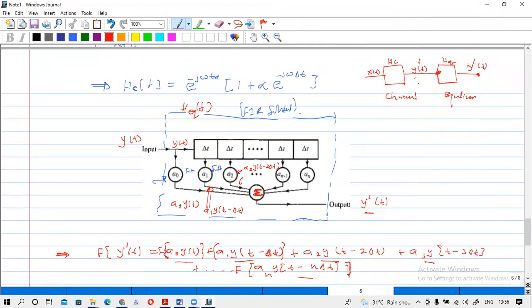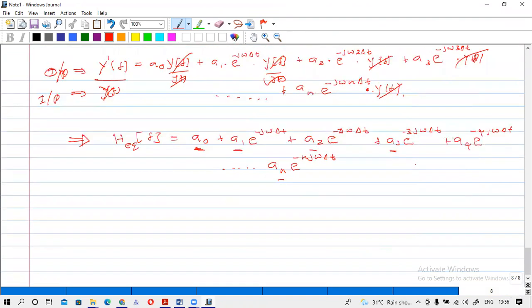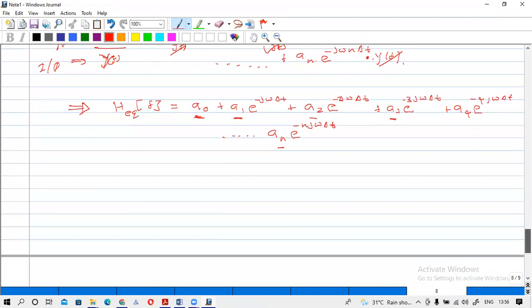So I will write the block diagram here again. We have the channel H_C(F), and you have the equalizer, and here you have X(t), and here you have Y(t).